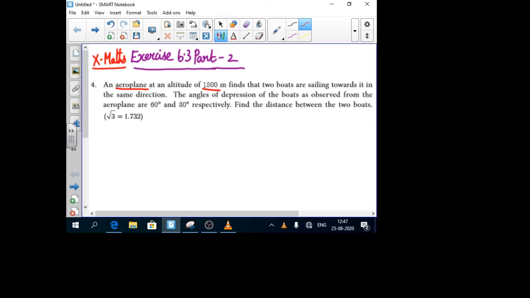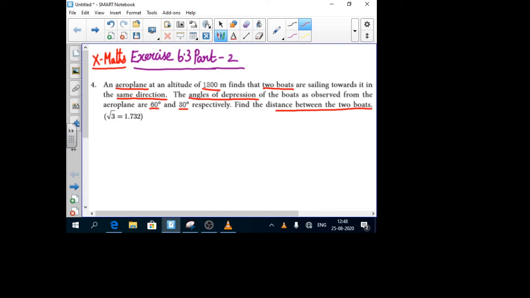Another one, two boats. They are giving in the same direction, not on the opposite direction. Next they give angles of depression. So for two boats they give 60 degree, 30 degree. Find the distance between the two boats.